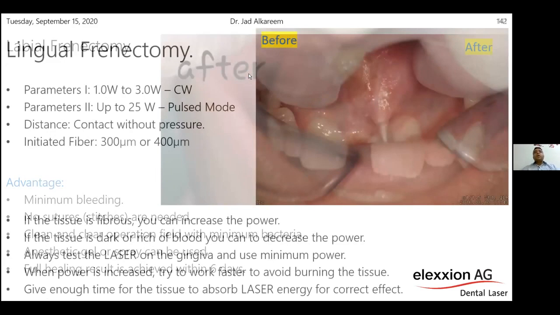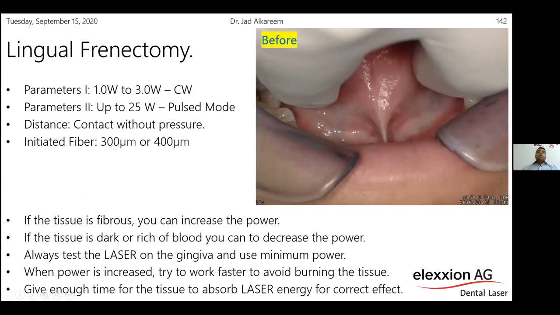Then we will go to the lingual frenectomy. Okay, I have a question from Dr. Christo regarding the type of anesthesia. As I mentioned, try to use a plain anesthesia without adrenaline or epinephrine, because diode laser depends more on the absorption of the hemoglobin.